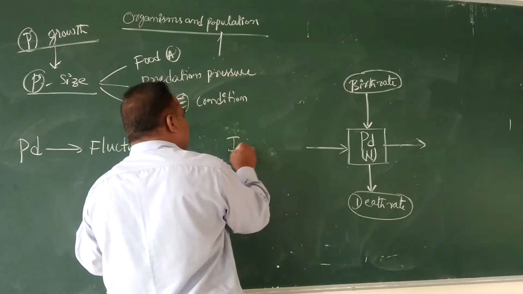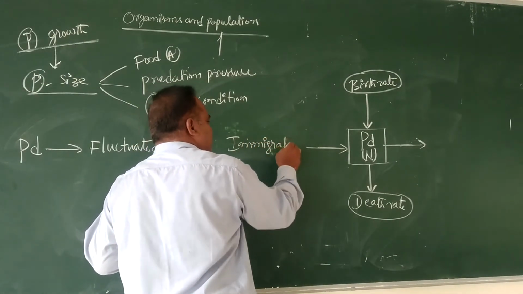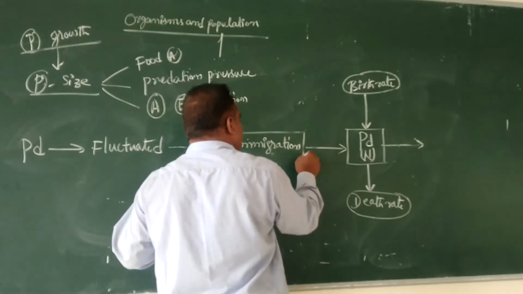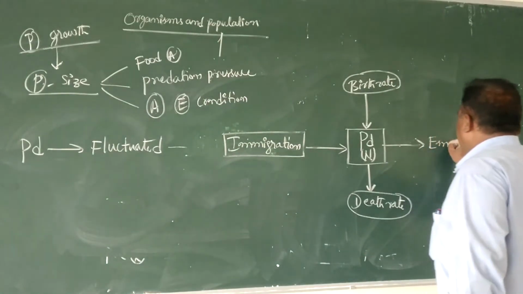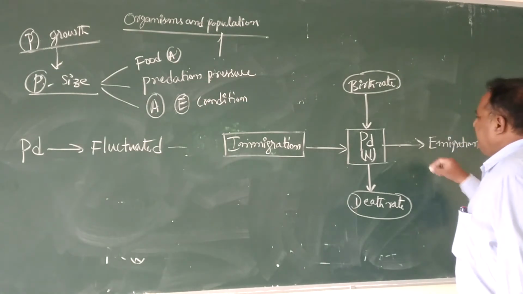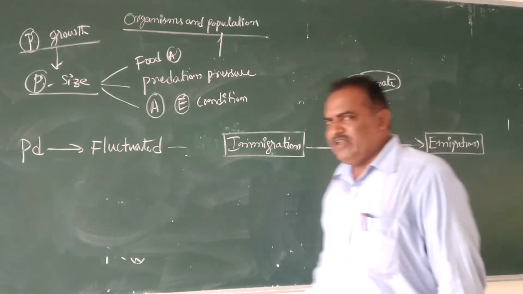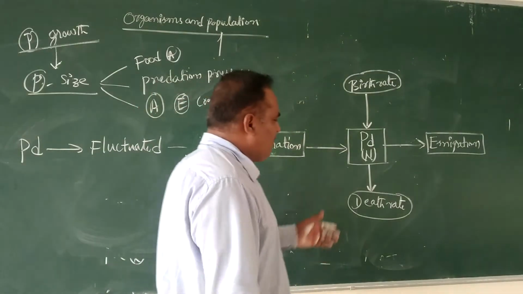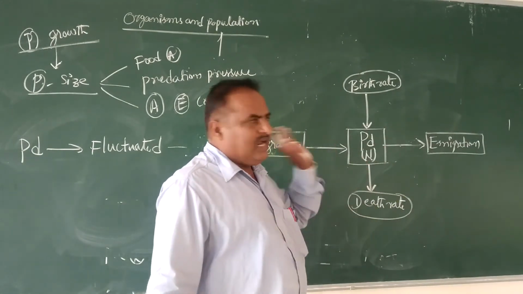Birth rate means the number of births in a population at a given period of time. The number of deaths in a population at a given period of time is called the death rate.